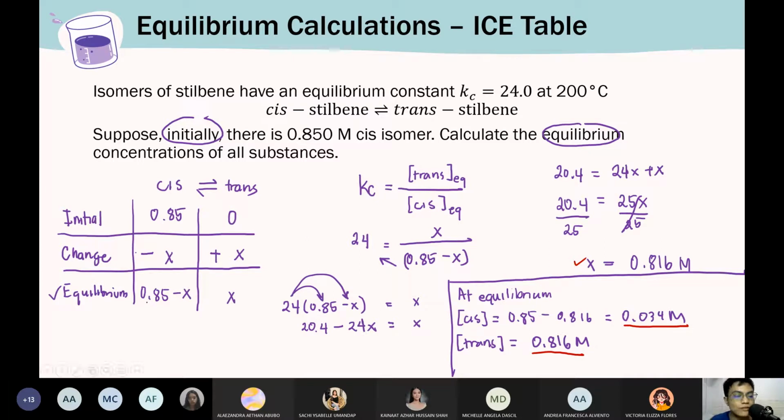Now, this is what I want you to do. I want you to write the ice table for the next problem. Okay? So, kung gusto niyo mag-screenshot, sige. Basta tandaan, coefficient, it must be reflected in the change and in the equilibrium.